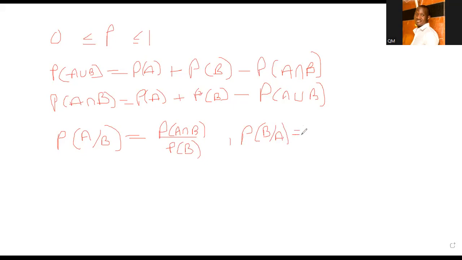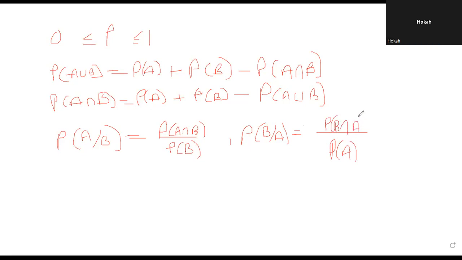Given A, what comes down? Probability of A. And what do we have on top? Probability of B intersection A. So this is a very key axiom of probability, which is simply a pattern.